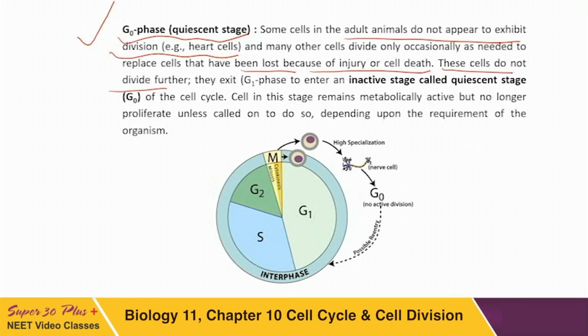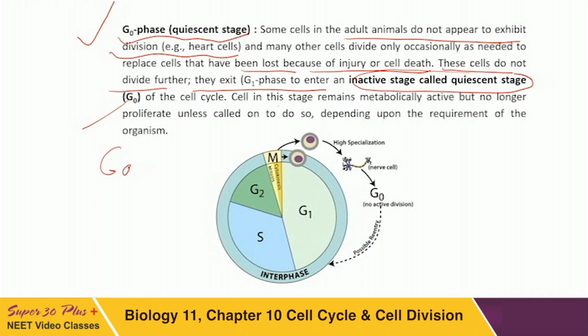Usually they do not divide, and they exit the G1 phase and instead enter an inactive stage, or quiescent phase, called the G0 phase. In G0 phase, the cell doesn't divide.